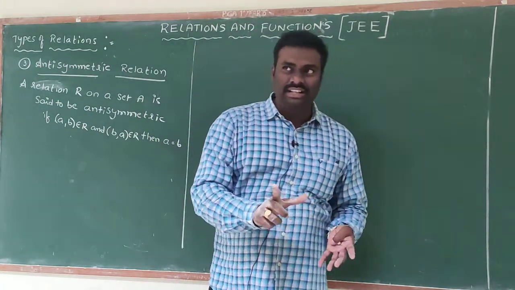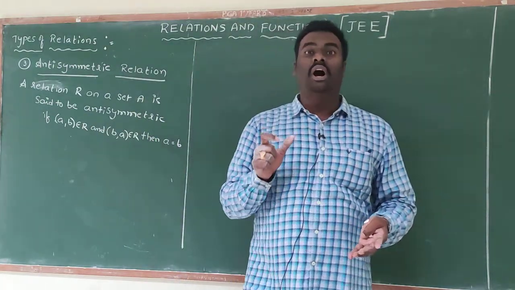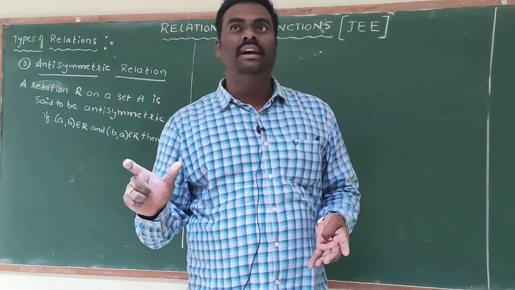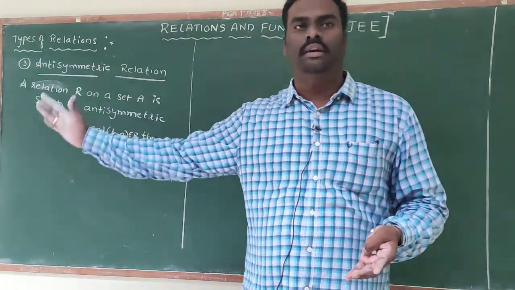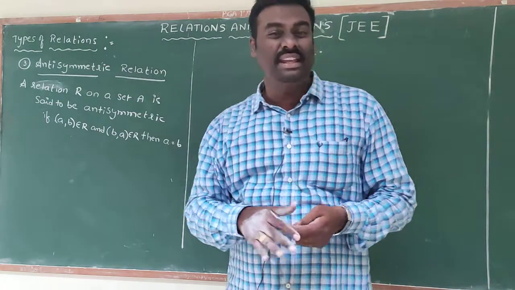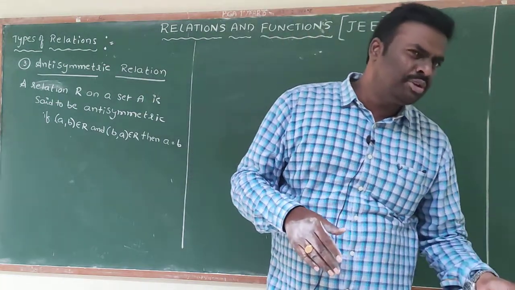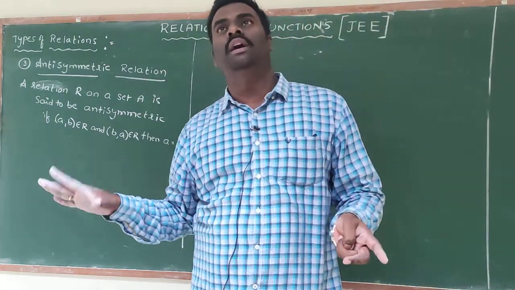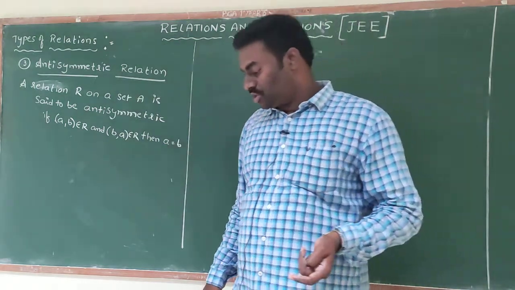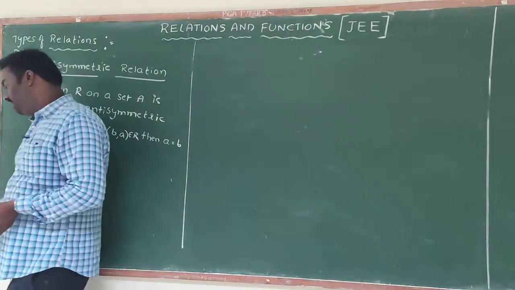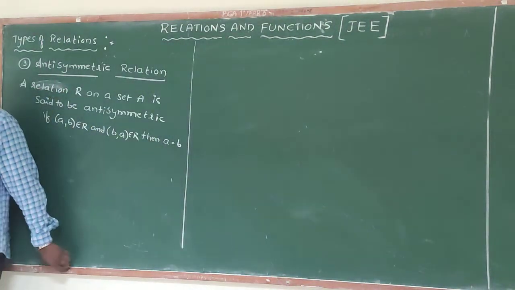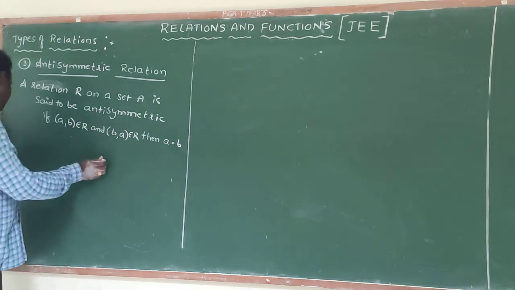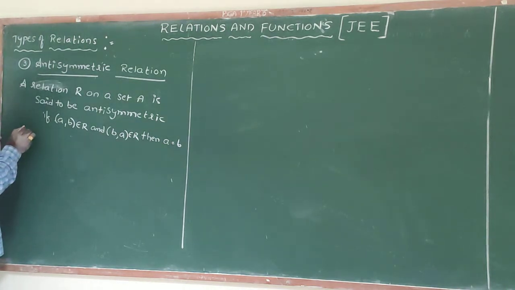In a symmetric relation, if AB belongs to R, then BA also belongs to R. But in an anti-symmetric relation, if AB belongs to R and BA belongs to R, then A equals B. This is the definition for anti-symmetric relation.